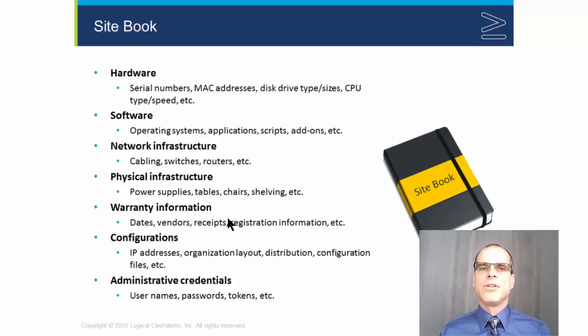And so in order to facilitate that recovery, we may want to create a site book that contains detailed documentation of everything that we have at that particular location, a listing of the inventory of all of our assets, how they've been configured, the protocols that we're using, the processes that are being used, and all of that information can be stored in the site book so that we can then use it to rebuild when we do suffer a significant impact that could be caused by a disaster or other occurrence.